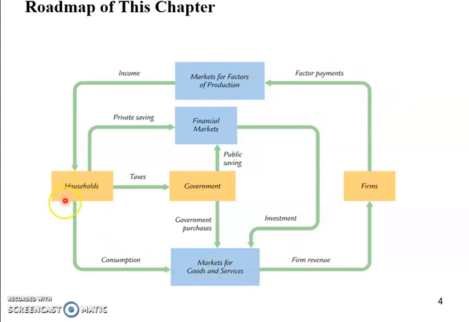And here you can also find that the households pay for their consumption, and that becomes the firm's revenue, so it flows to the pocket of the firms. Then the firms need to pay for the factors of production they used in the productive activities, which becomes the income of the household.